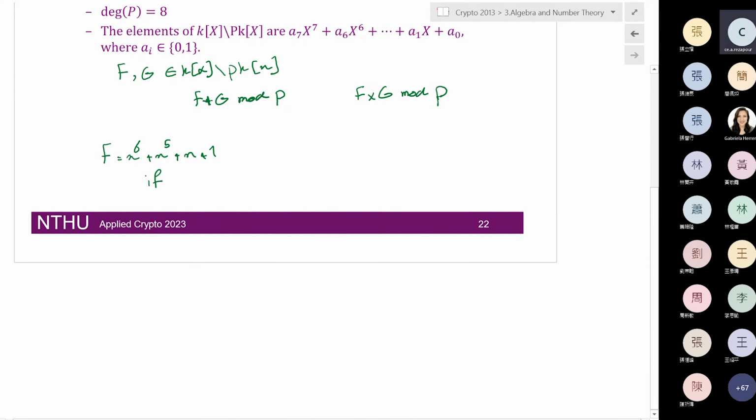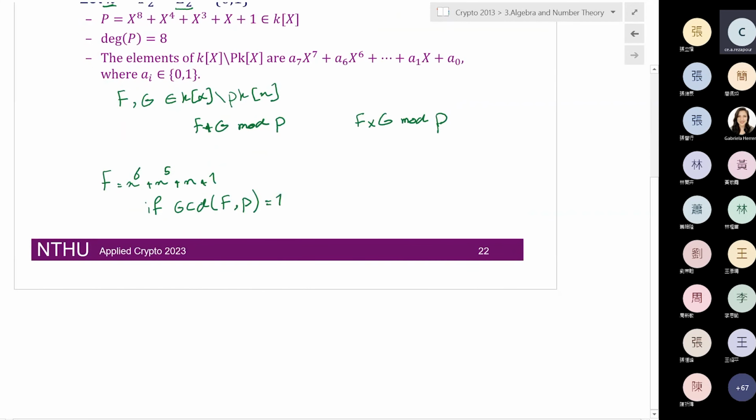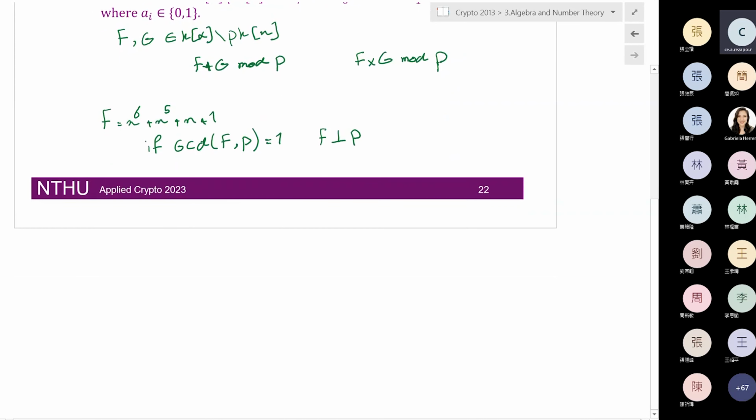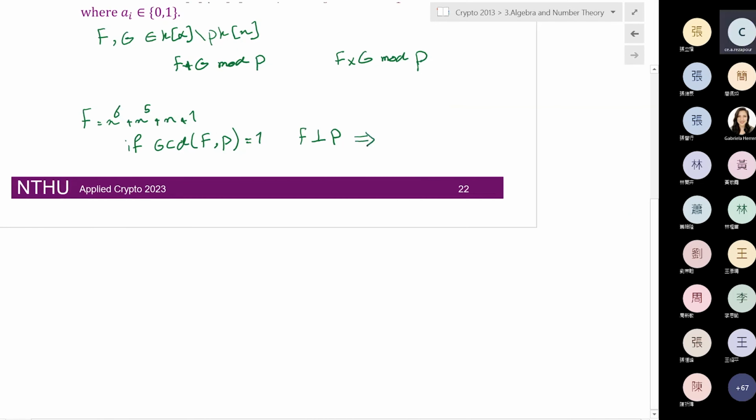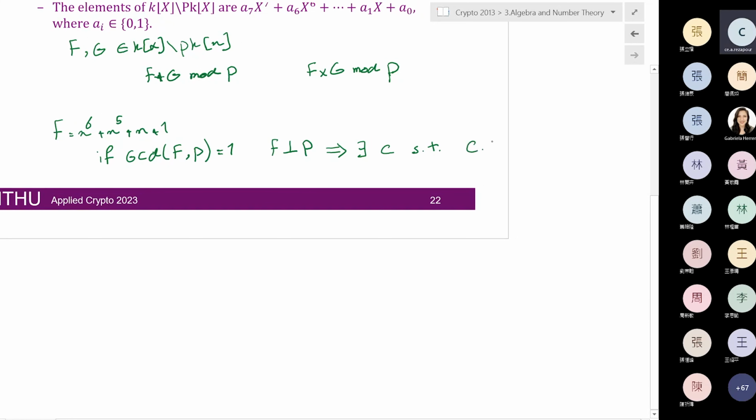Now, if the GCD of this polynomial f and this overall polynomial p equals 1, or in another way, f is co-prime to p, then we can find a polynomial C such that C times f is going to be 1 mod this polynomial.